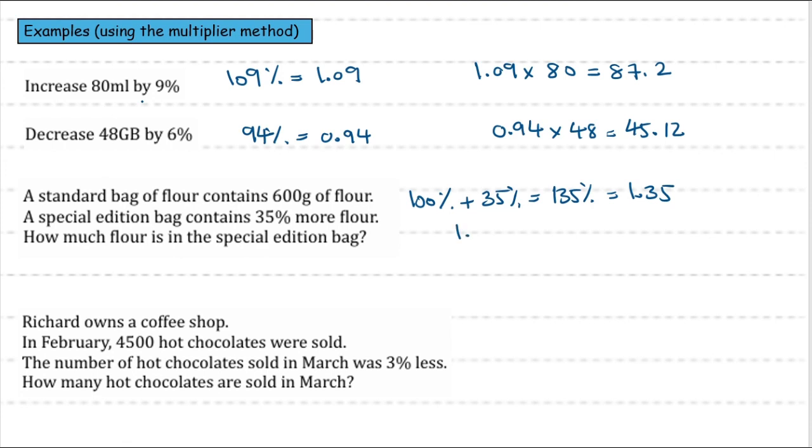So we do 1.35, the multiplier, multiplied by 600. And that gives us 810 using a calculator.